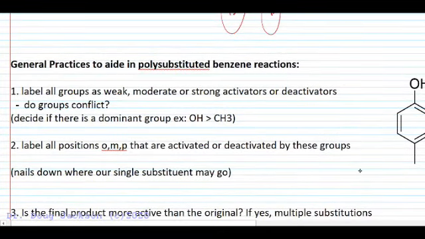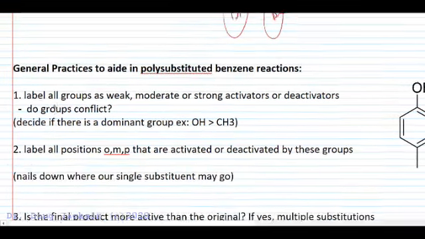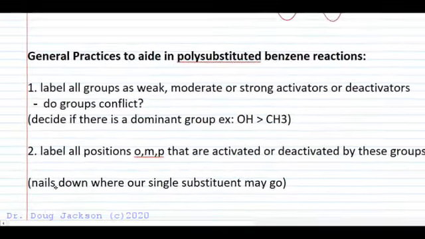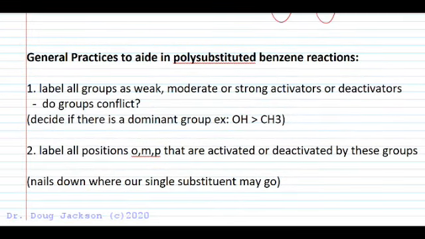Let's look at some general practices that are going to aid in our synthesis when there are more than two groups attached, or if we run into some special situations. So one thing we can do, and we're going to look at this substituted phenol in a moment, is label our existing groups as weak, moderate, or strong activators and deactivators. Where are they directing to? Do they conflict with each other?